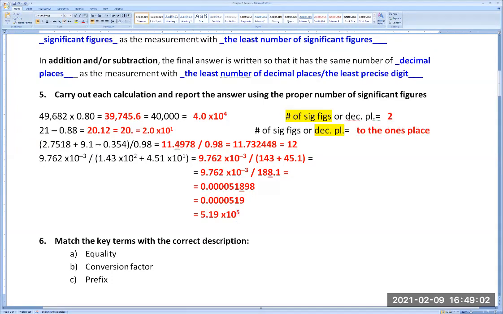And it's negative 5 because you started with a small number, right, with a lot of zeros to the left. So it's, you know, 5.19 divided 5 times by 10.